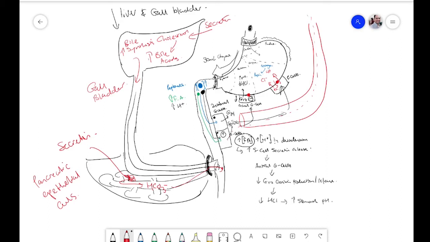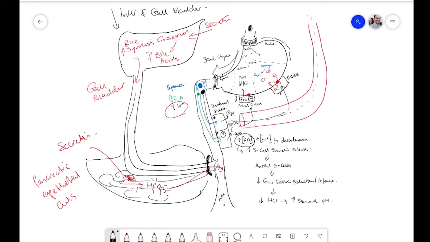Ah, and look at that. What have we got? This is secretin in response to an increase in proton concentrations, and we are then getting down here. Let's create a little bit more space for myself, actually.